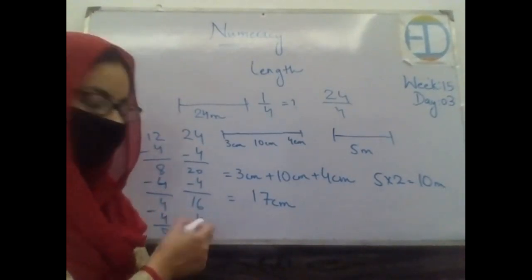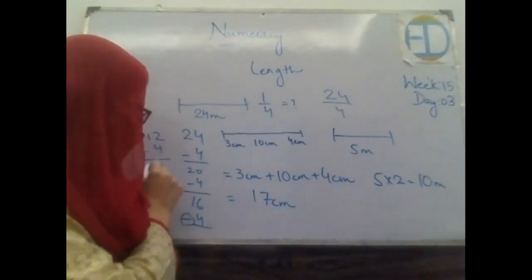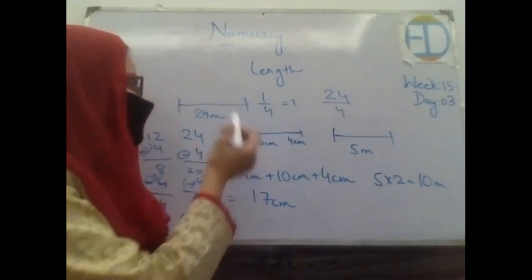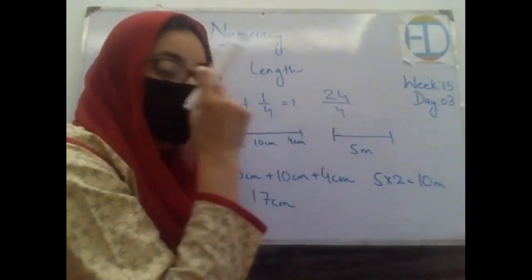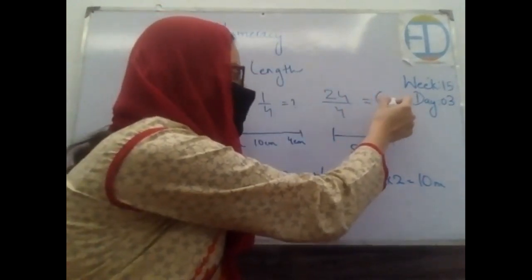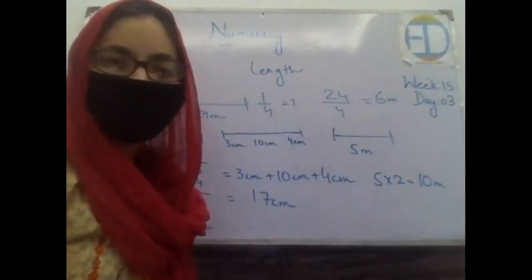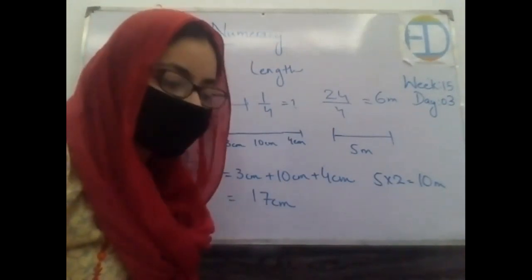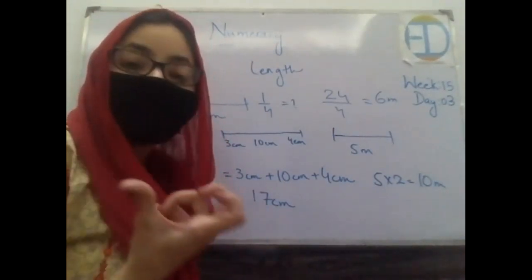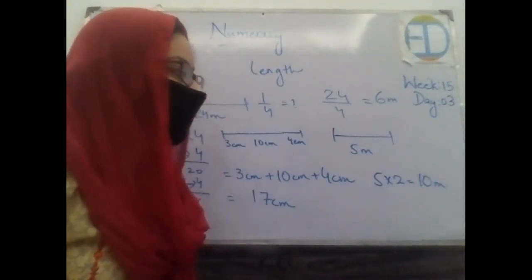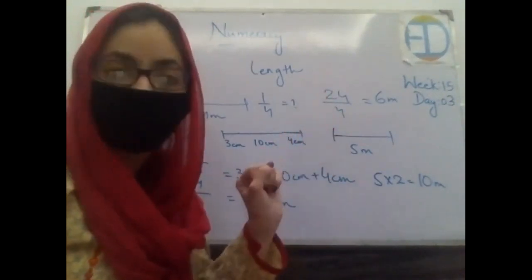How many times have we subtracted? 1, 2, 3, 4, 5, 6. This means that when we divide 24 with 4, the answer is 6. So 1/4 of 24 is 6 meter. So this is how we will be using the number operations while finding the lengths of different objects.